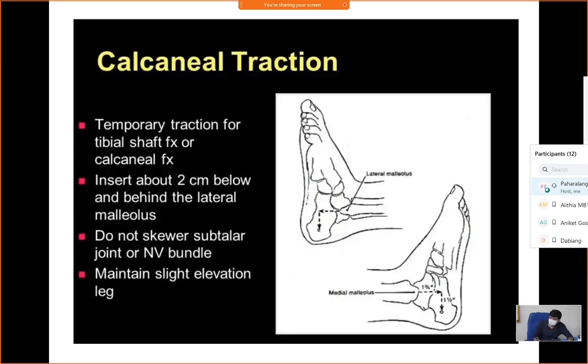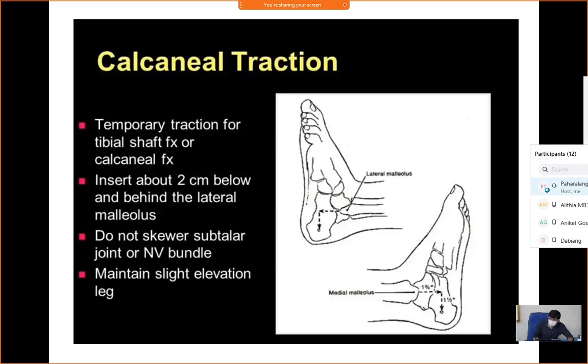Calcaneal traction: if you have a fracture here on the distal tibia, you cannot put the pin in the distal tibia, so we have to go further below to the calcaneum. This is the mark where you insert the pin. It is 2 centimeters below and posterior to the lateral malleolus.